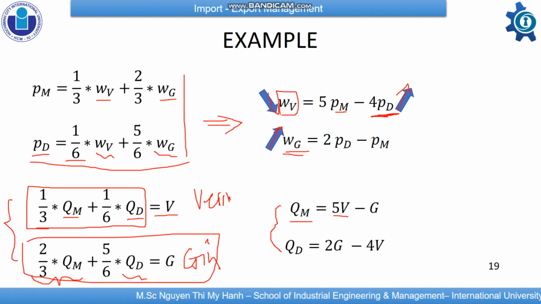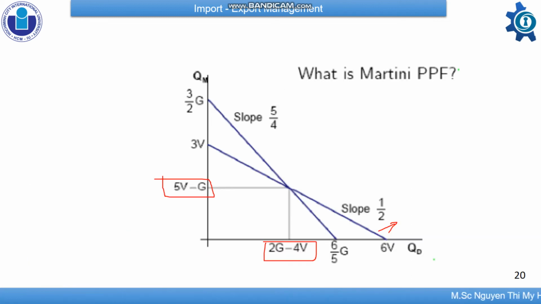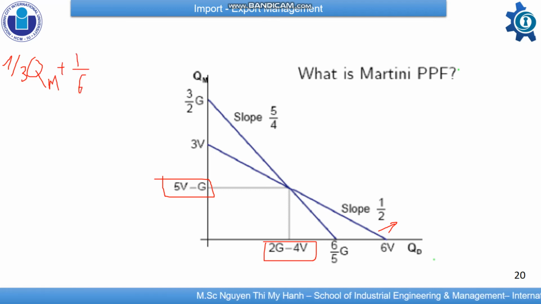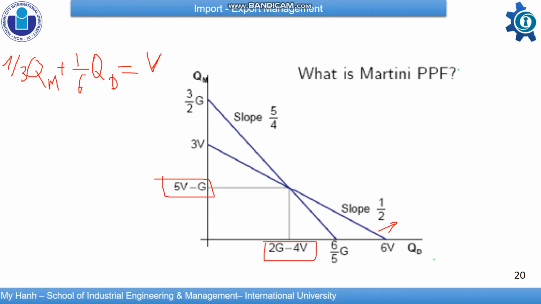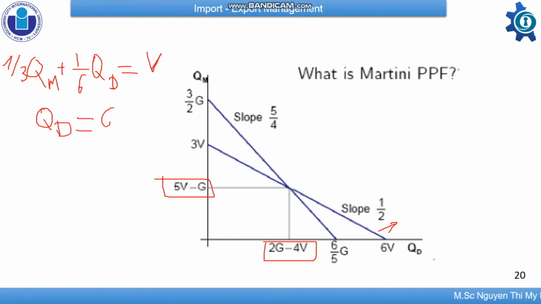So here we have 1 over 3 QM plus 1 over 6 QD equal to V, right? So when they use all vermouth to produce the dry martini, the total amount they have is QD equal to 6V, right?